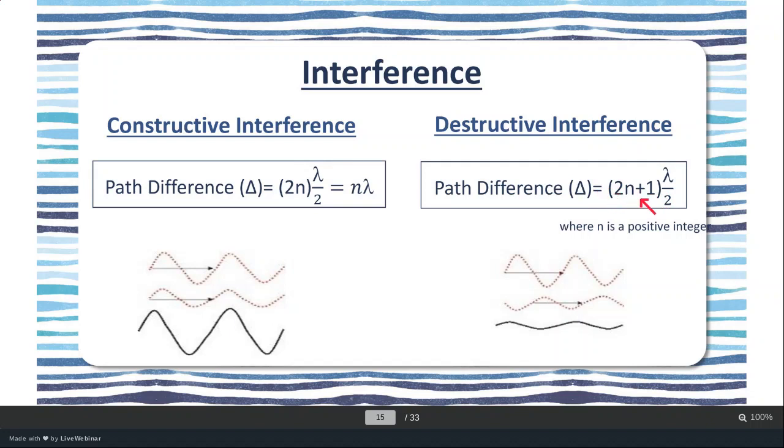So what we see here is that n is a positive integer. When we start putting in values here, it gives values like lambda, 2 lambda, 3 lambda, 4 lambda.